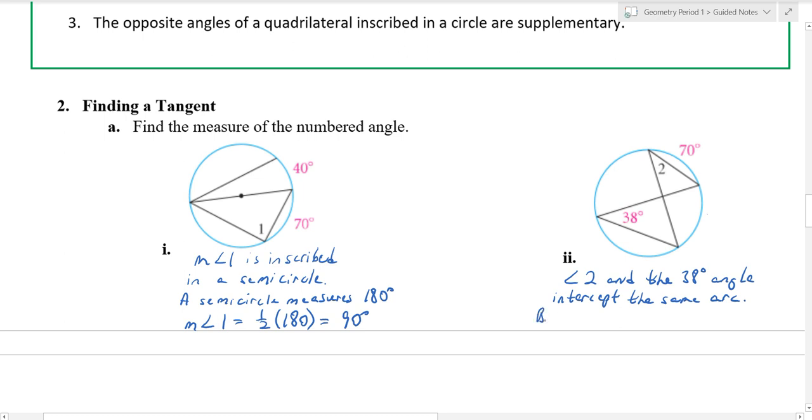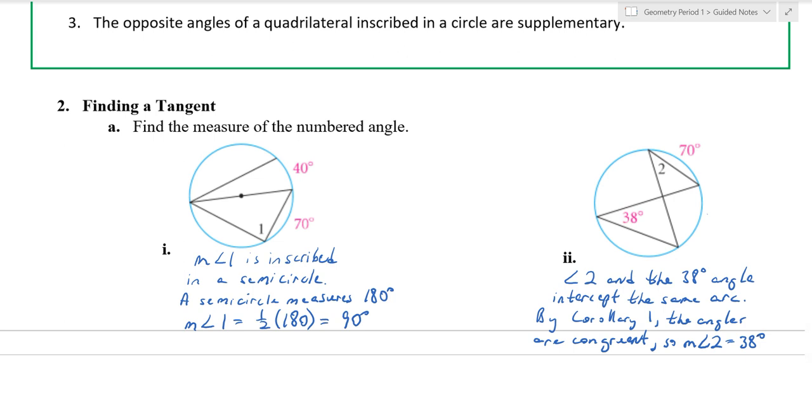So by corollary 1, the angles are congruent. So the measurement of angle 2 is also 38 degrees. And that's that one. Okay?